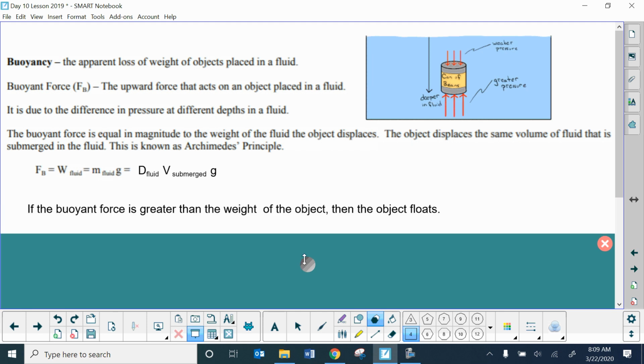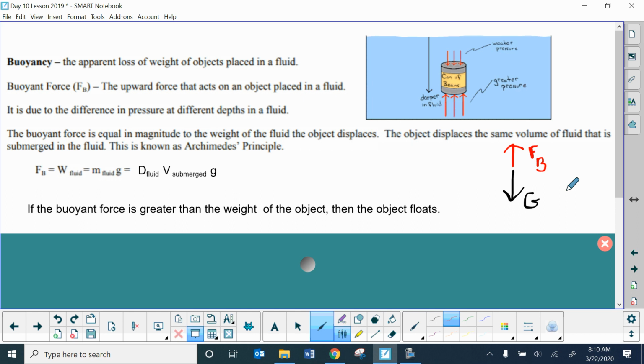If you imagine you had two force arrows, one gravity arrow going down and a buoyant force arrow going up, we analyzed forces by looking at which one is bigger, which is going to win the tug of war or the pushing contest.